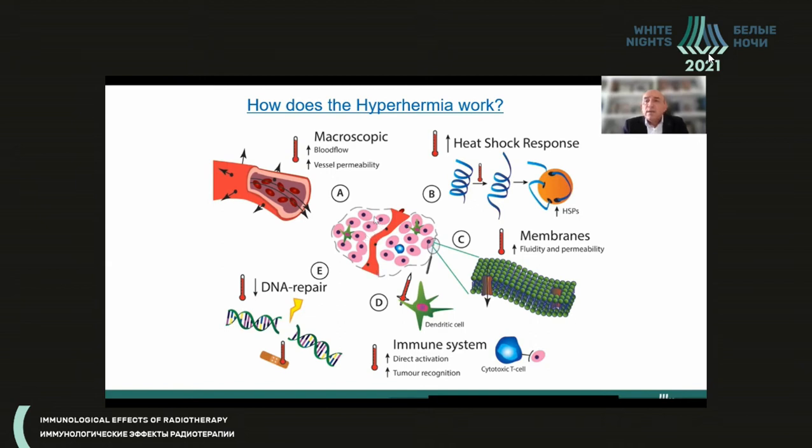B, heat causes proteins to unfold and increases the intracellular amount of protein chaperones that are named heat shock proteins. C, temperatures exceeding 37 degrees result in an increased cell membrane fluidity, thereby influencing their permeability.